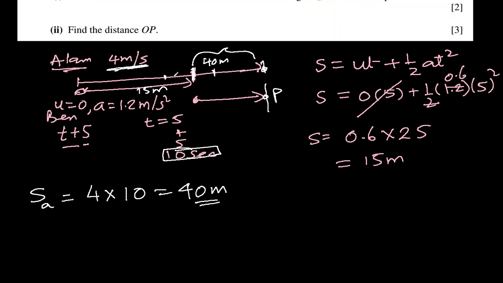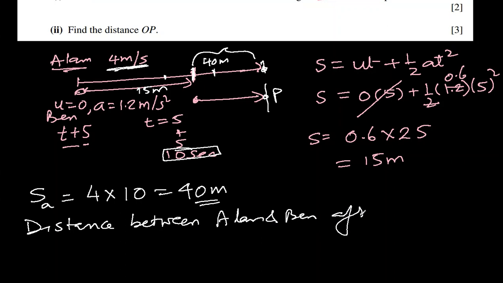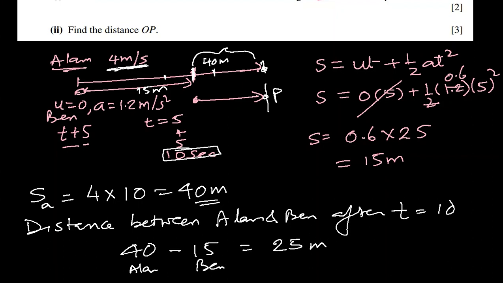So the distance between Alan and Ben is 40 meters Alan has traveled minus 15 meters Ben has traveled, it is 25 meters.